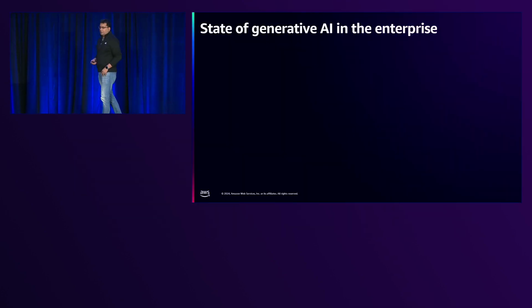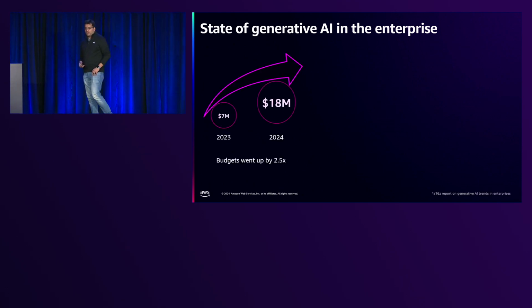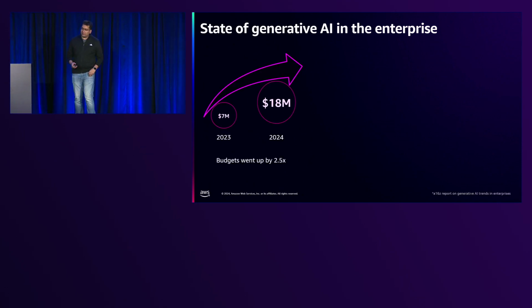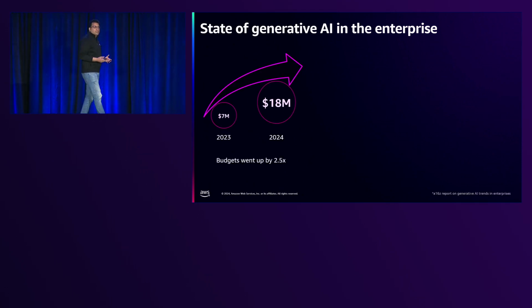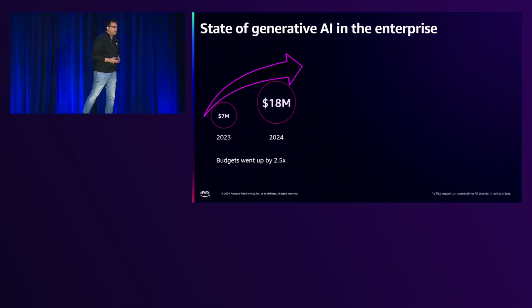Now, before we talk about Studio, I just wanted to talk about a few of the key trends for generative AI adoption in the enterprise. So generative AI is reinventing customer experience, improving productivity, and increasing operational efficiency across many industries.